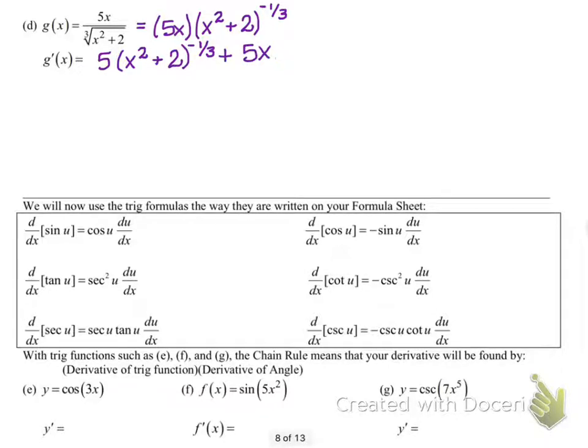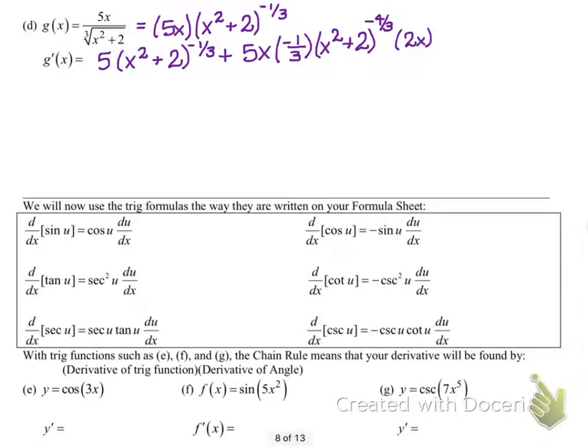Oh, wrong kind of parentheses. Bring down your power, subtract 1 from your power, and take the derivative of the inner function. And the derivative of the inner function would simply be 2x.